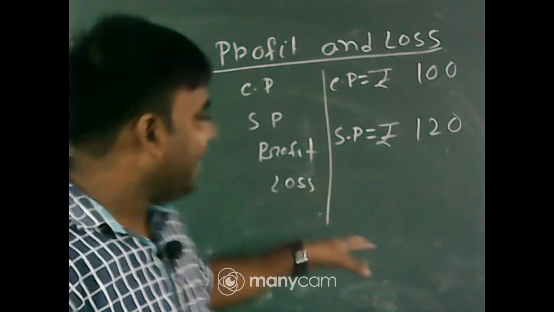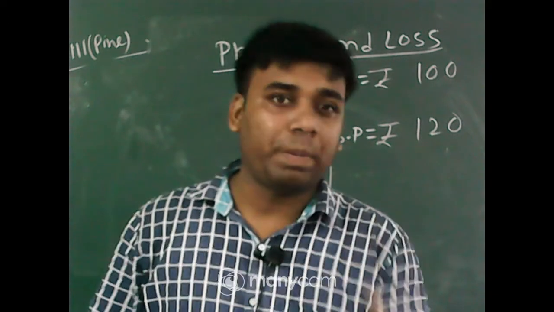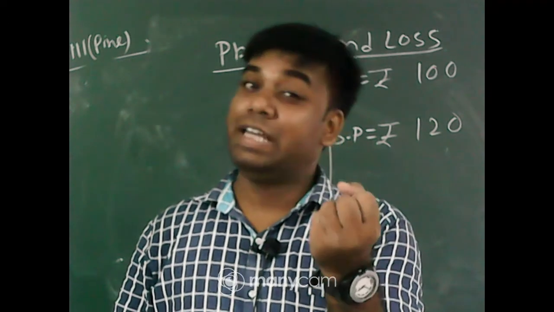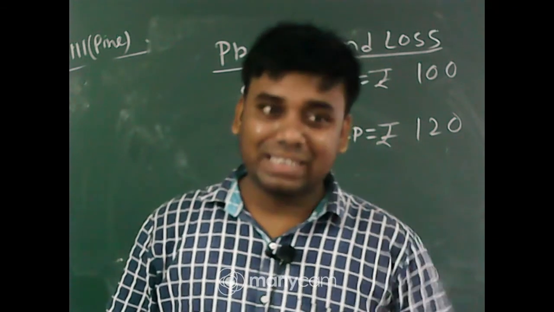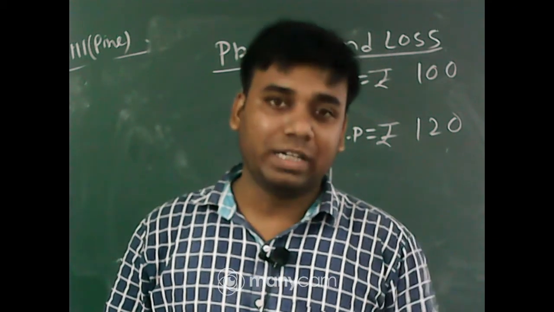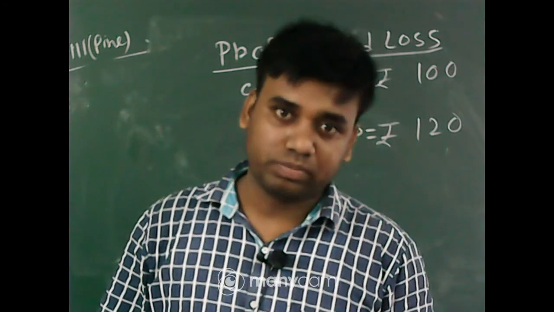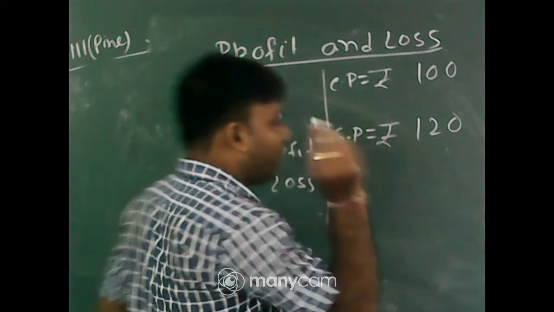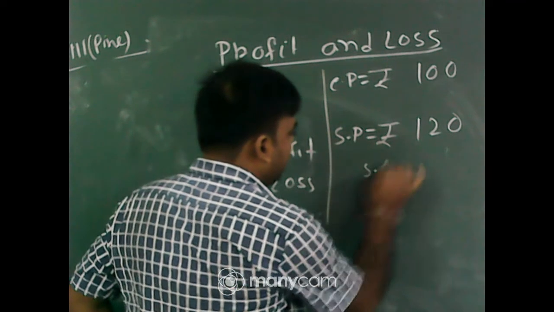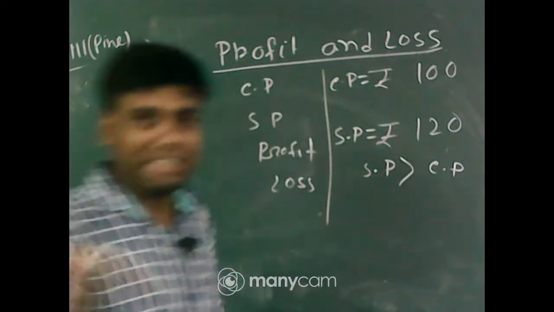So by selling that pen, the shopkeeper earned some money, because he spent rupees 100 for buying and sold that pen for rupees 120. It means some gain was acquired, and that is profit. Here students learn: SP greater than CP.